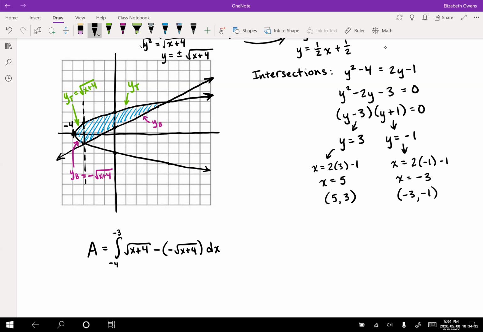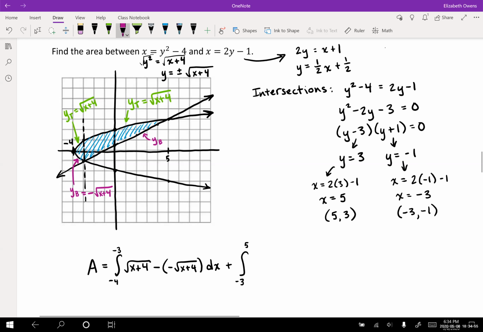And then we would have to add the rest of our area that goes from -3 all the way to +5 over there. -3 to 5. And in that case, the top function, yt, is still just the positive half of the parabola. And then our bottom function is the line.